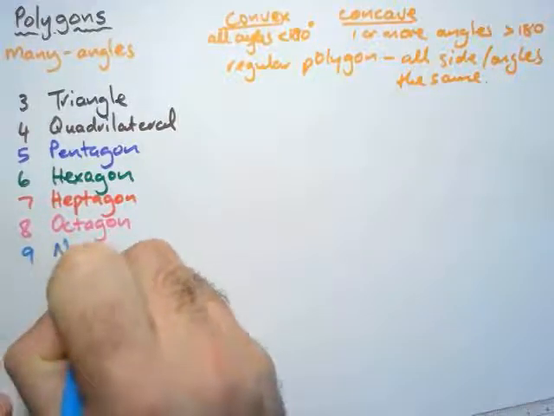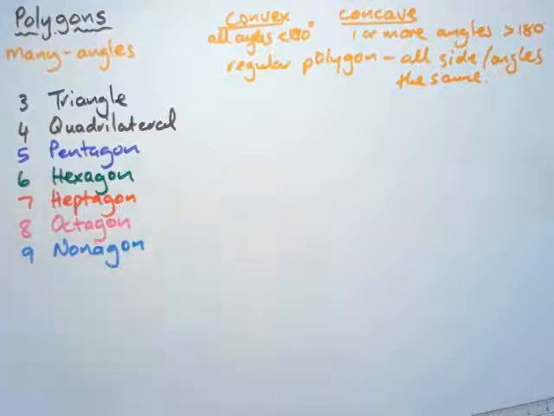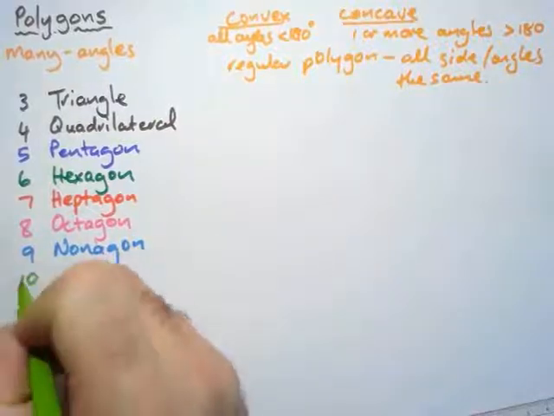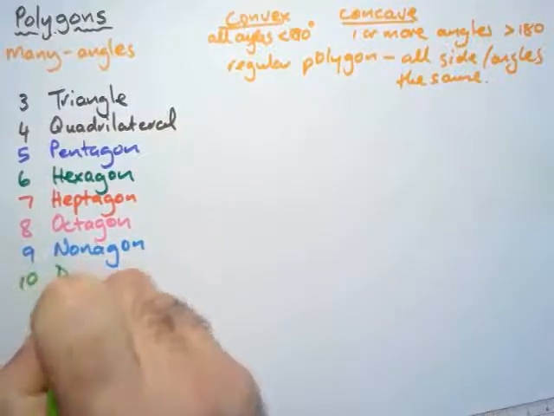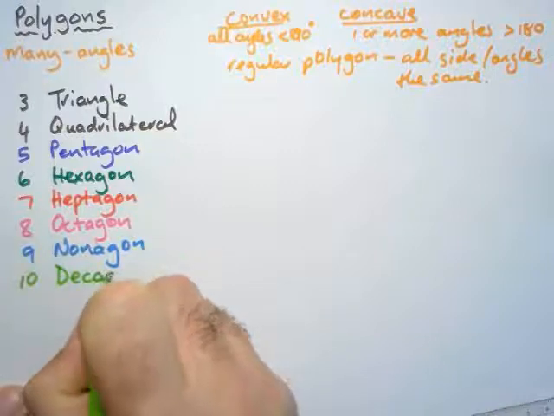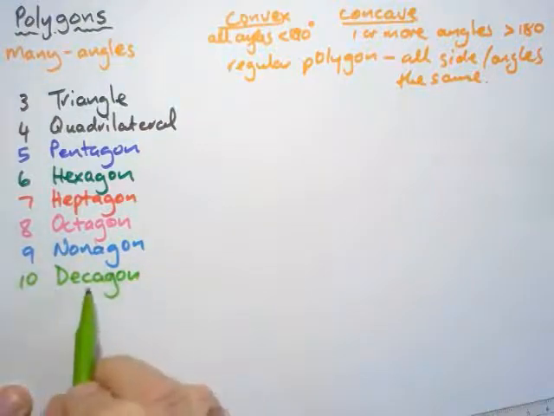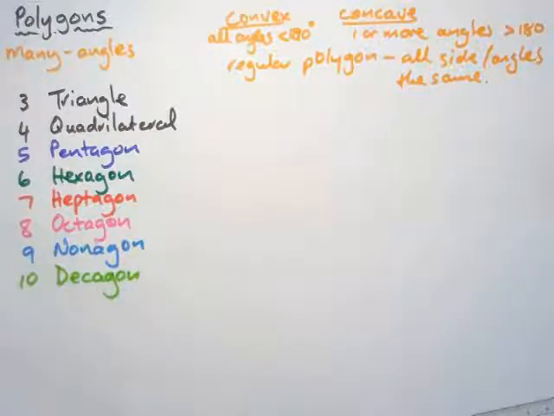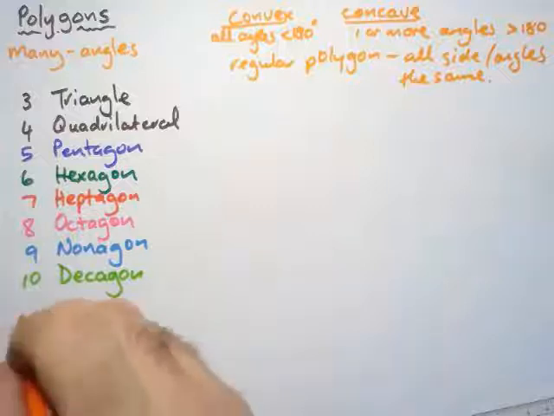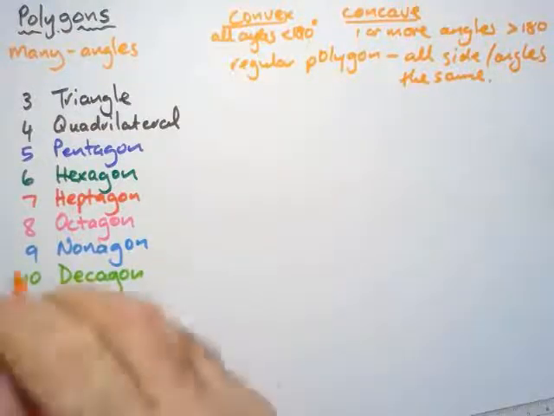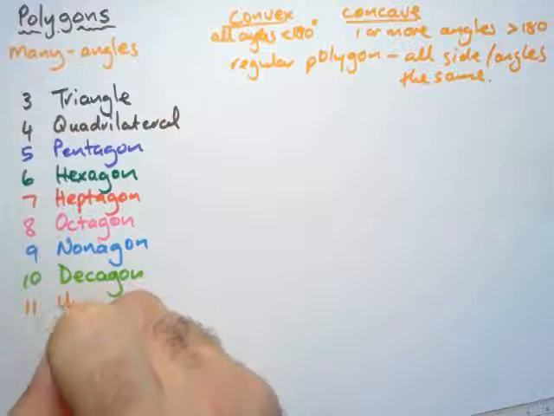9, nonagon. And then number 10, the last one that you have to know, and that is a decagon, like in decimal. And just for the fun, because we can, I'm going to give you 11 and 12 as well. 11 is called an undecagon.